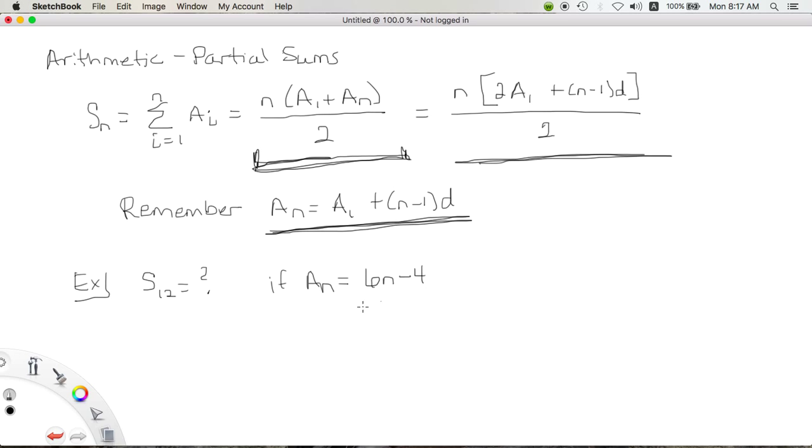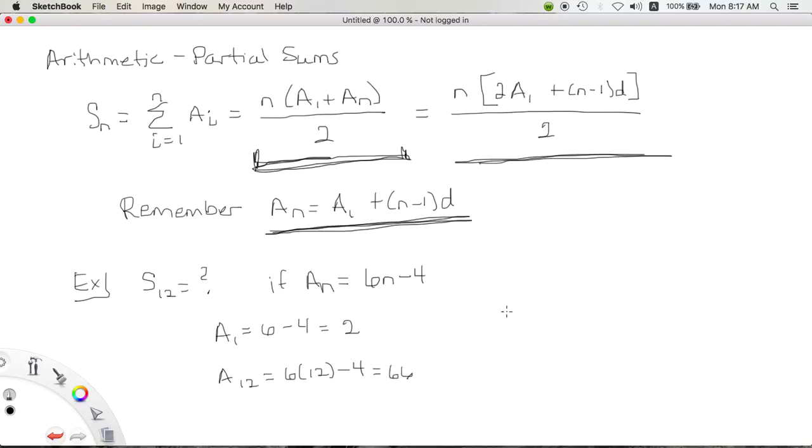So if we look at this, we'll find a1 is equal to 6 times 1 is 6, minus 4 is 2, and then we need a12 because we're looking for the 12th partial sum, so it'd be 6 times 12 minus 4, and 6 times 12 is 72, minus 4 is 66.